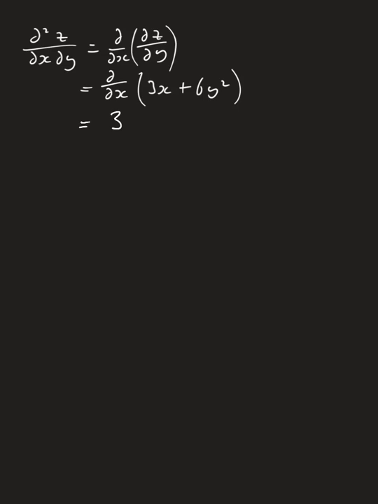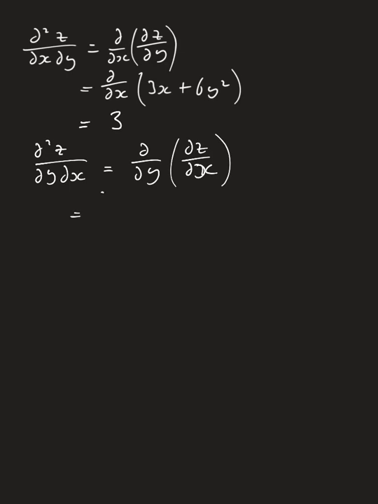If I do it the other way around, I'm actually guaranteed to get the same answer always. Let's say I go del y del x. That's equal to the partial derivative with respect to y of del z del x. We got del z del x earlier. It's 2x plus 3y. Now I differentiate that with respect to y, treating x as a constant.